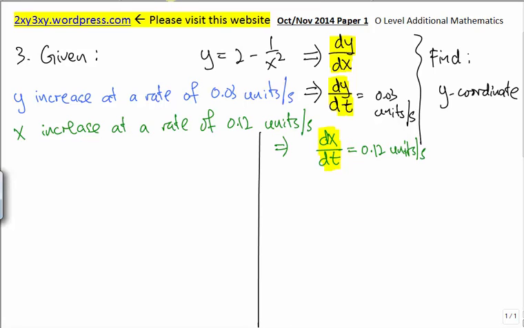For related rate, often we need to form an equation that relates all these three expressions together, and we are going to use the chain rule.